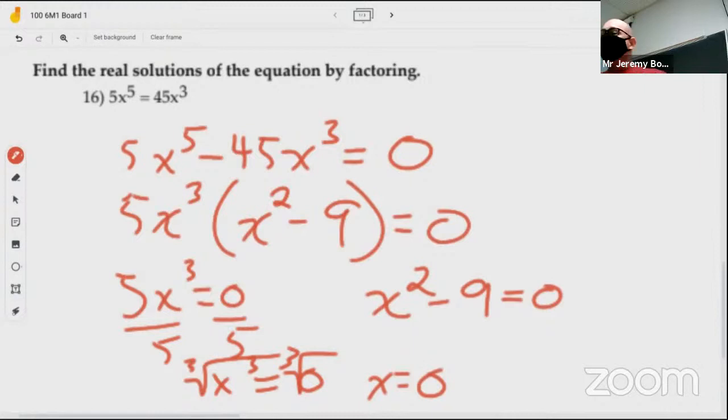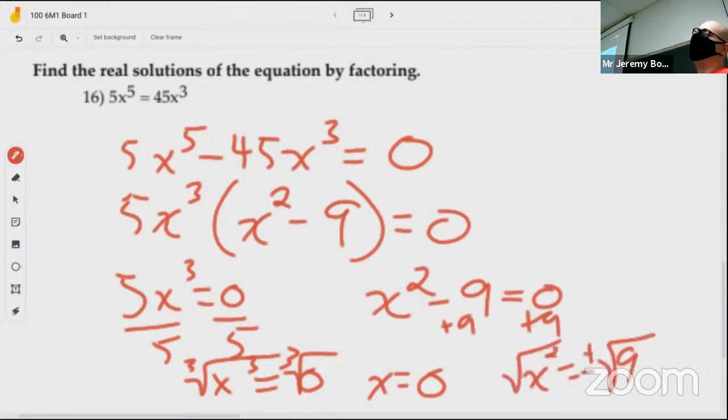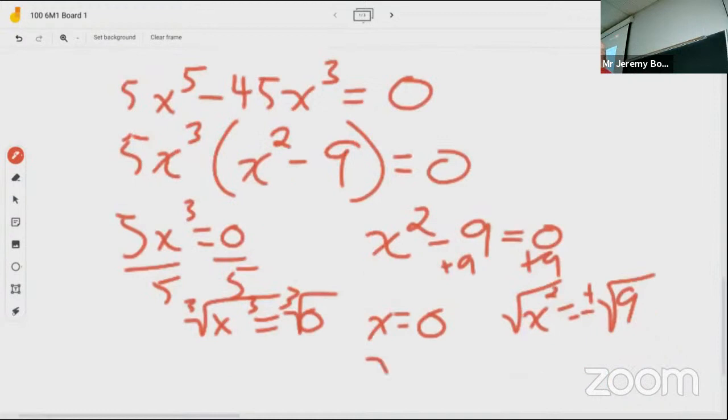The x squared minus 9 is equal to 0. You could factor it, or my preferred method is the square root method. If x squared is equal to 9, then that means that x is going to equal plus or minus the square root of 9, which is going to be plus or minus 3.